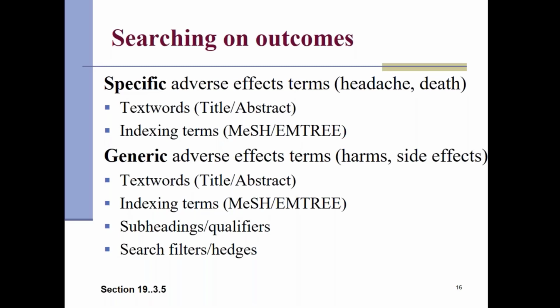These are things like harms, side effects, adverse reaction, adverse effect, adverse event, etc., that I was alluding to earlier. These, again, can be searched for as text words and indexing terms, but also as subheadings, which I'll refer to in more detail. And we also have a few search filters or hedges to help us with our searching for adverse effects.